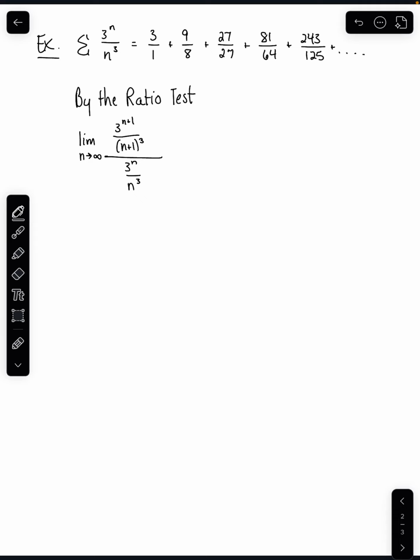So the formula for a sub n with n plus 1 substituted in over the formula for a sub n itself. Like with the limit comparison test, this is a complex fraction and will result in a multiplication by the reciprocal of the denominator.